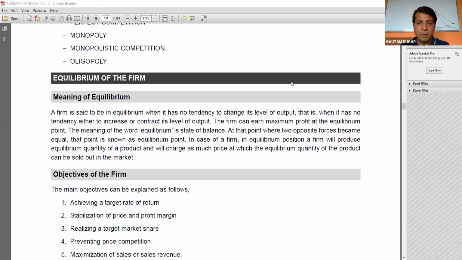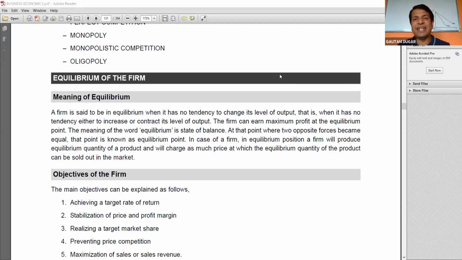Now, where is that point? That point is reached where every firm, whether it's perfect competition, monopoly, or monopolistic competition, reaches the equilibrium point at the point where the MC curve, the marginal cost curve, intersects the MR curve from below at a rising point.